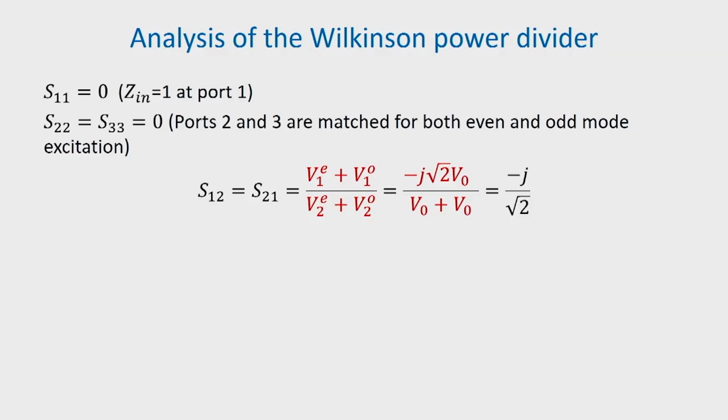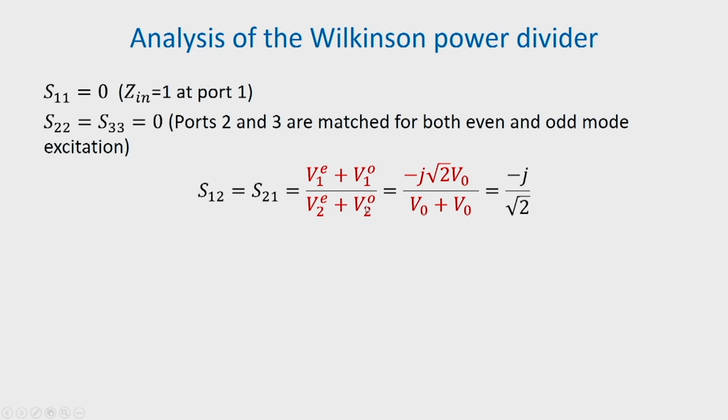S12 and S21 we can calculate. S12 and S21 can be written as the ratio of the voltages V1E plus V1O, that means superposition of the voltages under even and odd mode excitation at port 1, divided by V2E plus V2O.